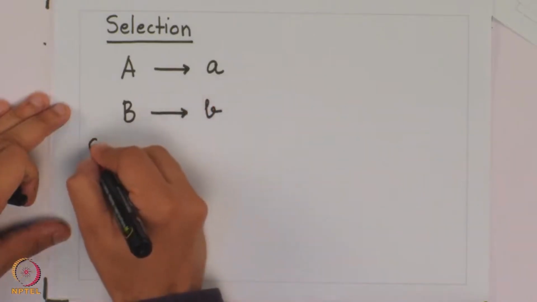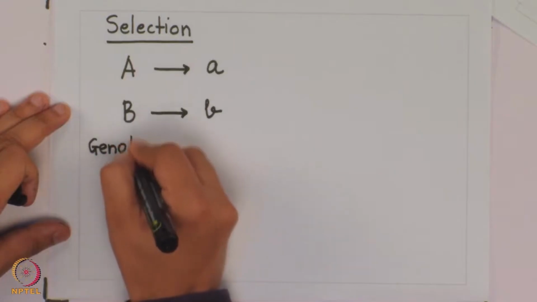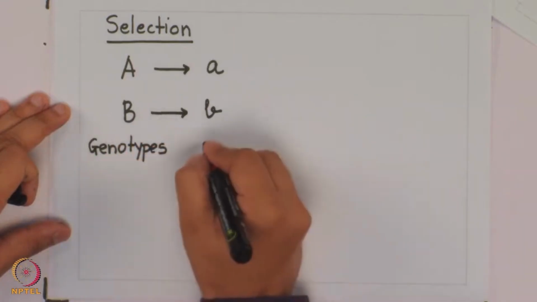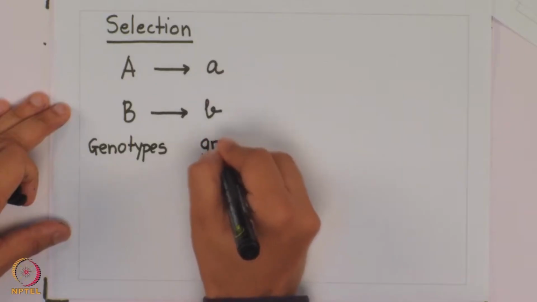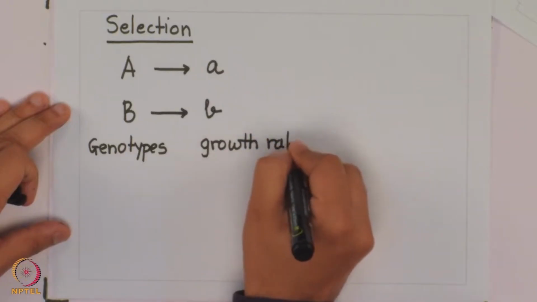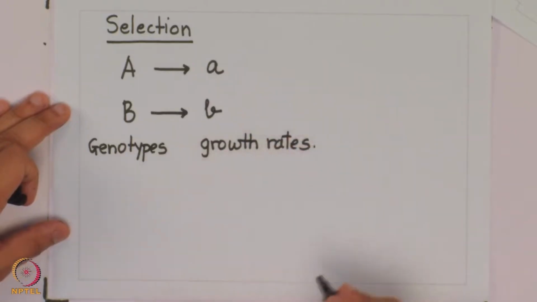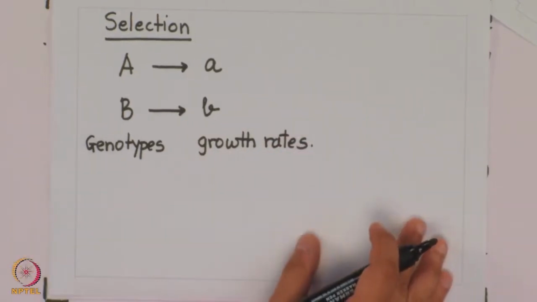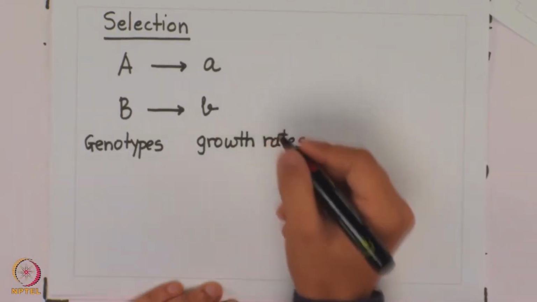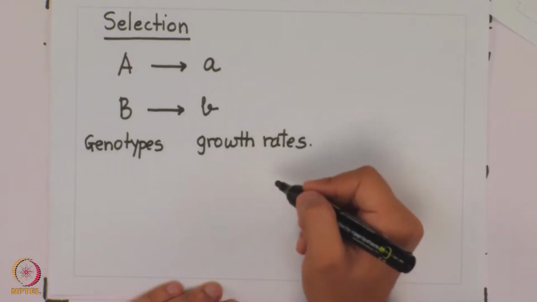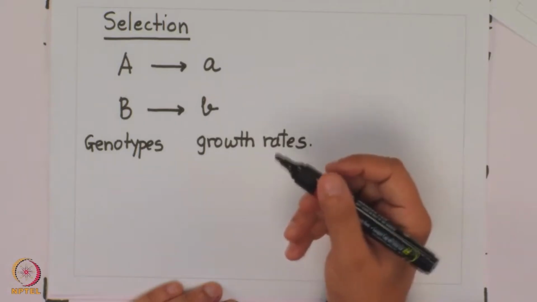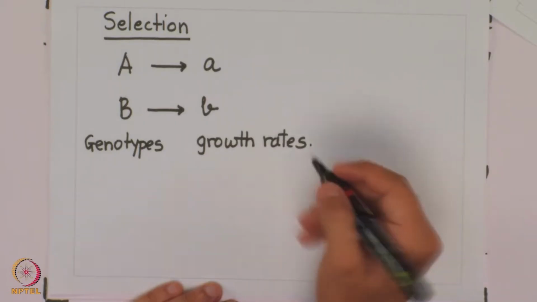So, these are genotypes and these are growth rates. And now what we will try and do is understand how do their ratios change as we go forward in time if these two genotypes are co-inhabiting an environment.